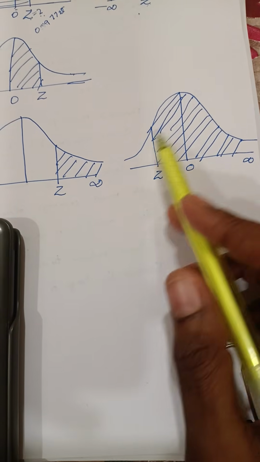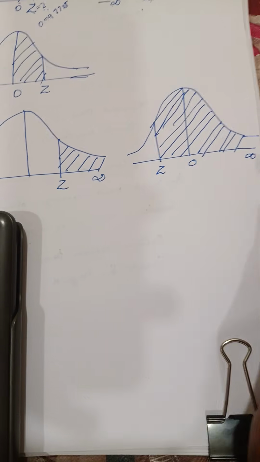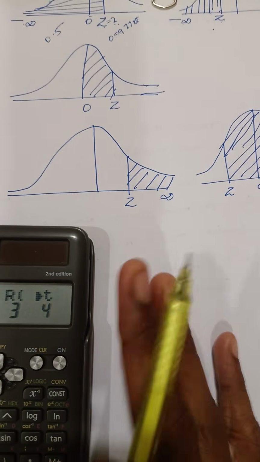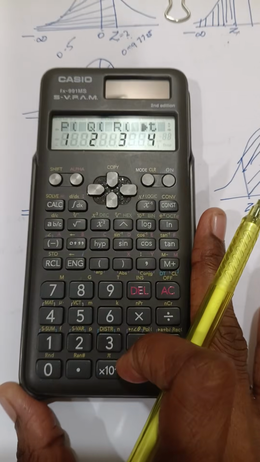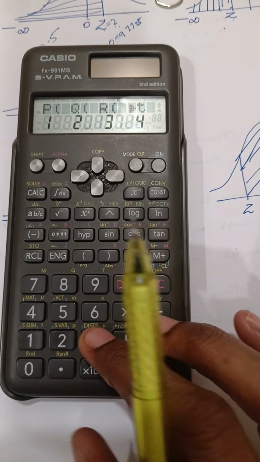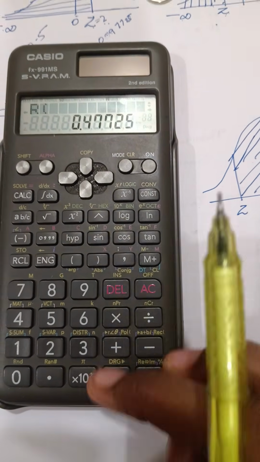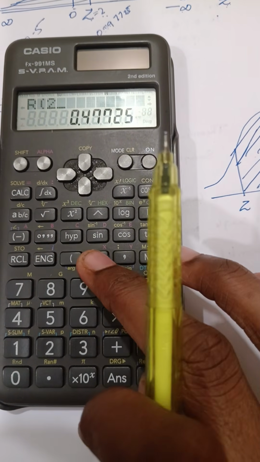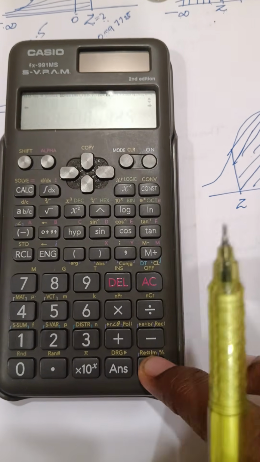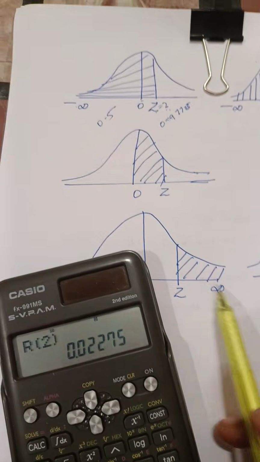When it is on the left side, you have to put a negative, otherwise you just type the number. So I am pressing 3 and I am pressing 2. So this will be probability from 2 to infinity.